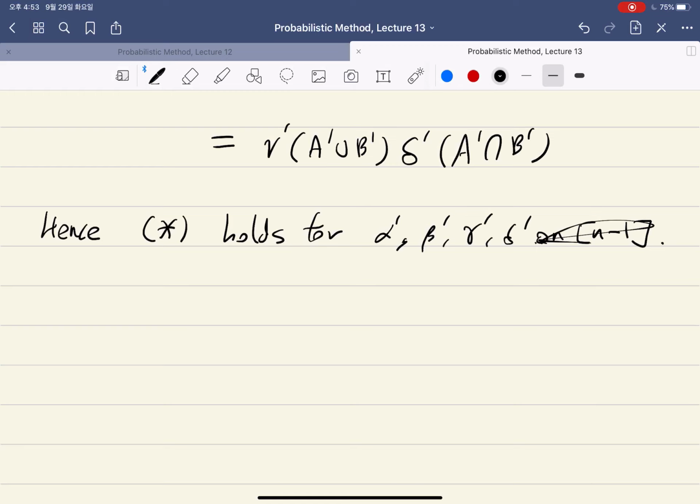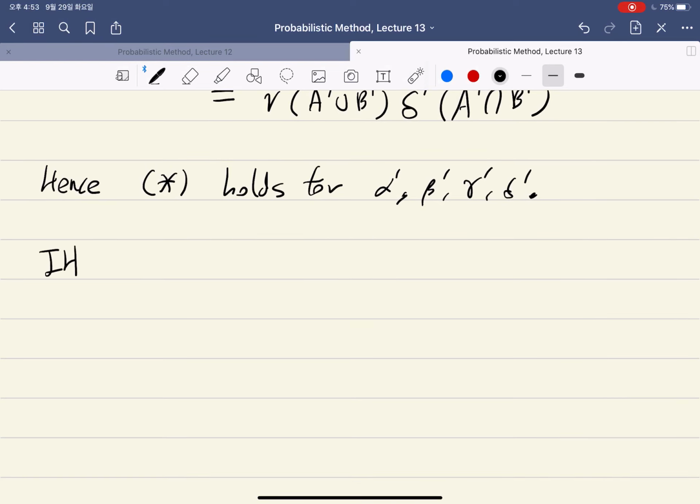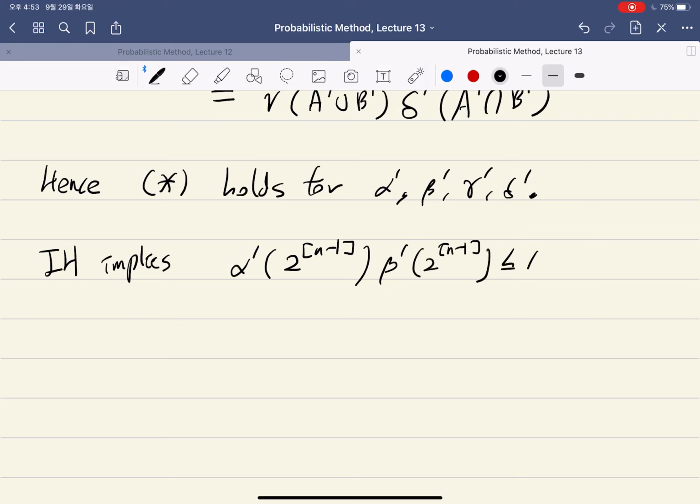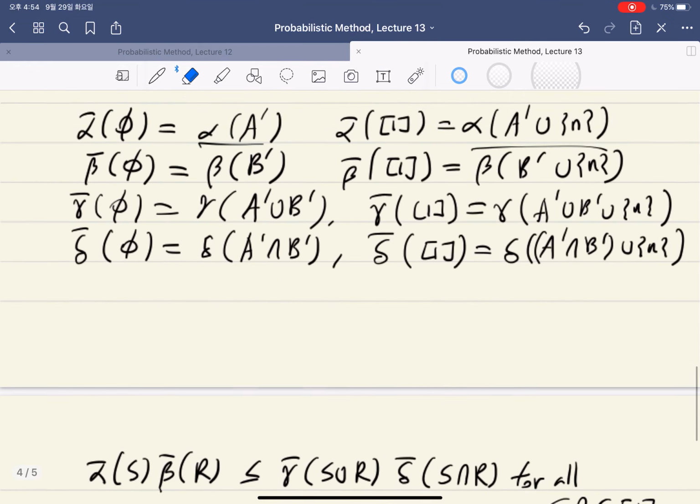So by the induction hypothesis, alpha prime of 2 to the n-1 and beta prime of 2 to the n-1 is at most gamma prime of 2 to the n-1 and delta prime of 2 to the n-1, which is equivalent to alpha of 2 to the bracket n and beta of 2 to the bracket n being at most gamma of 2 to the bracket n and delta of 2 to the bracket n.